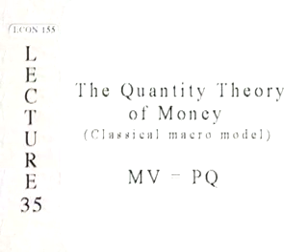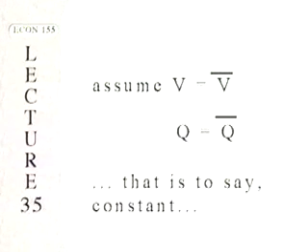Okay? And here's what they did. The classical economists came in and they said, assume V equals V bar, Q equals Q bar, that is to say, constant, or unchanging.